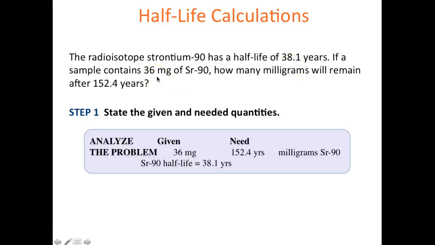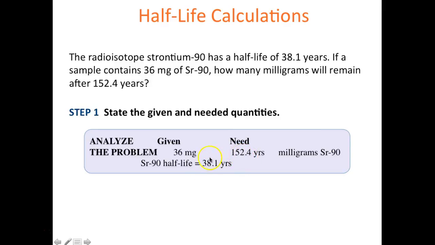Okay, so here in this problem, you have strontium-90 having a half-life of 38.1 years. If the sample had 36 milligrams, how many milligrams will remain after 152.4 years? Okay, so the half-life is 38.1. You've been given that the time elapsed is 152.4.